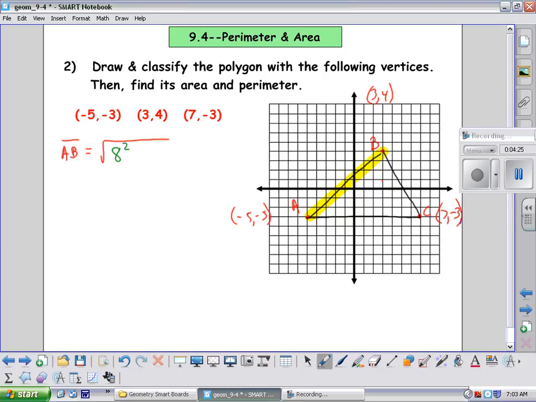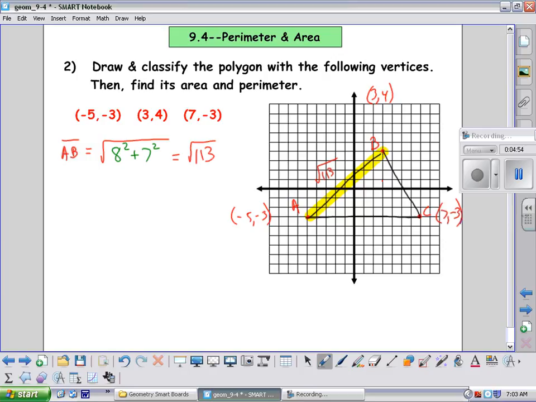The change in y from -3 to +4 was a change of 7. And I don't care whether it's positive or negative because I'm squaring these numbers. And I get a grand total there of the square root of 113. So that's the distance from A to B. And I know that that's between 10 and 11, but I don't care so much about exactly what it is right now.